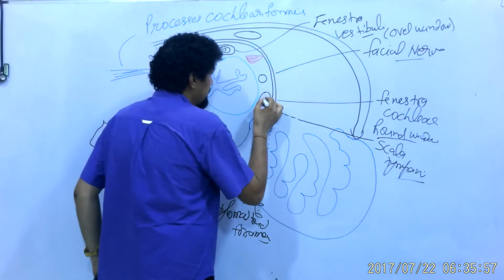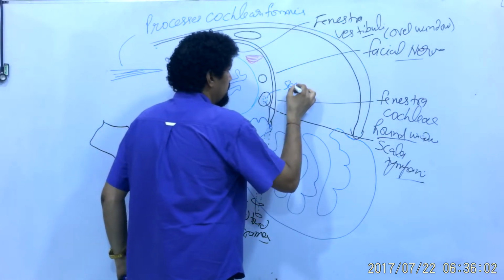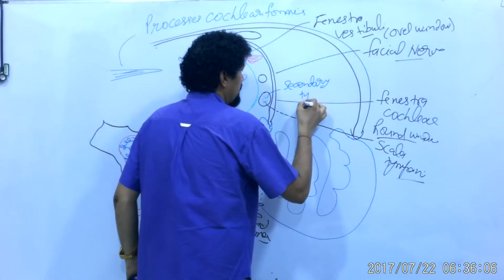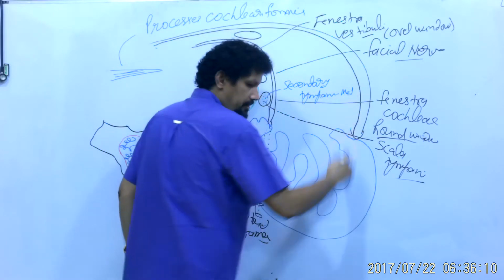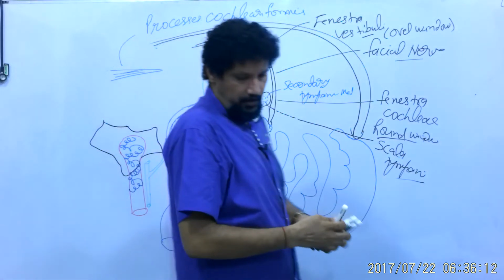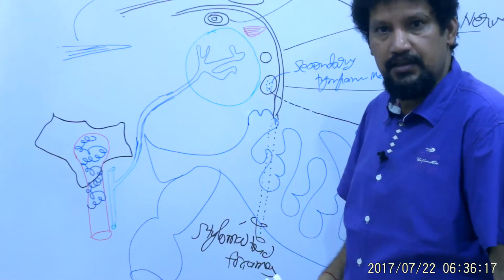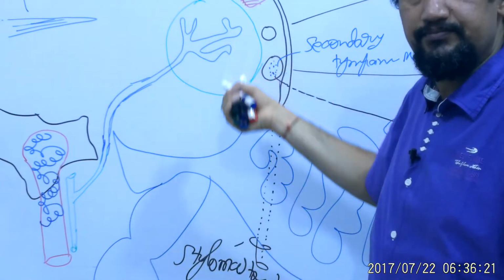So, this is the secondary tympanic membrane. So, what can we see here? Again, we will see this part.